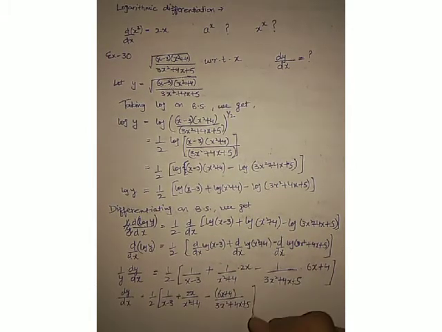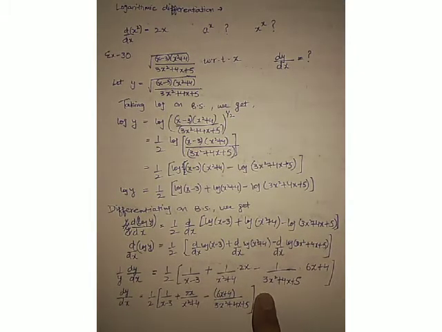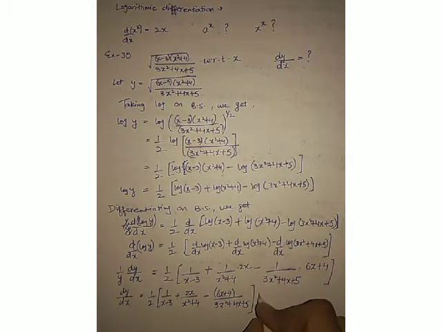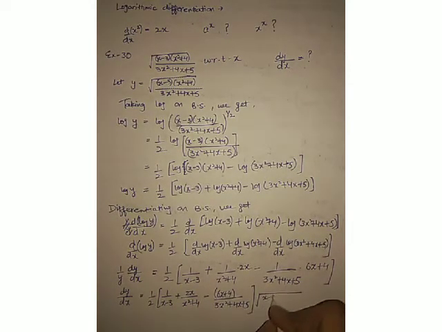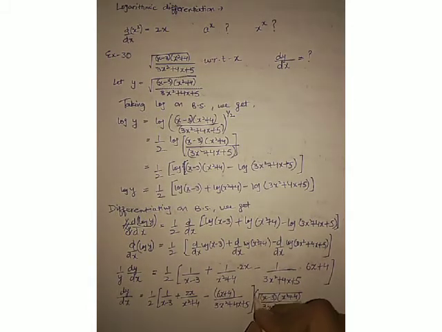Clear? Now y will be multiplied by this whole thing, so y will be here only, and then put the value of y. What's the value of y from here? You will substitute it as x minus 3 times x square plus 4 divided by 3x square plus 4x plus 5. This is our final answer.